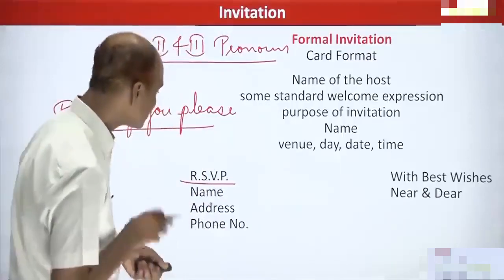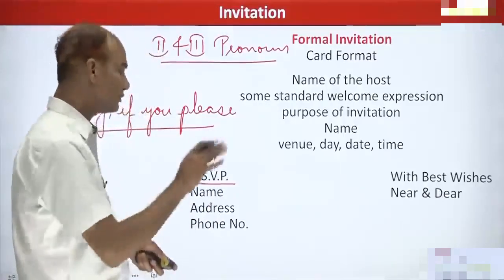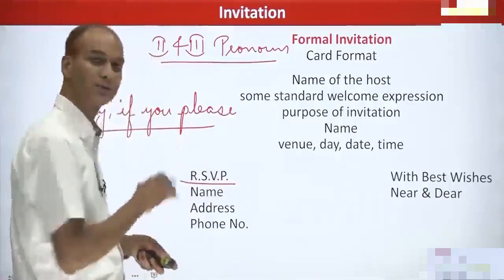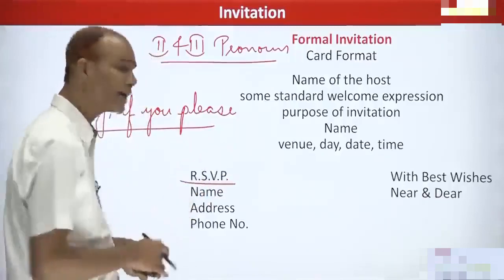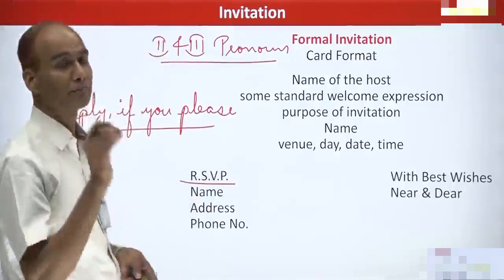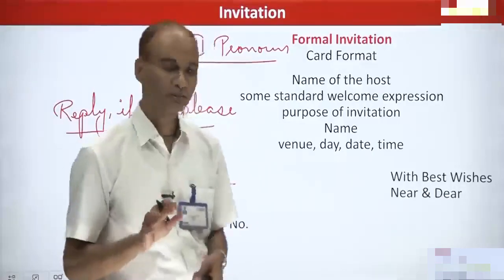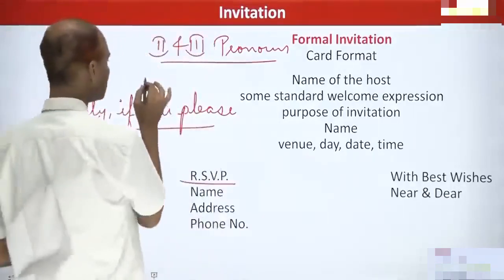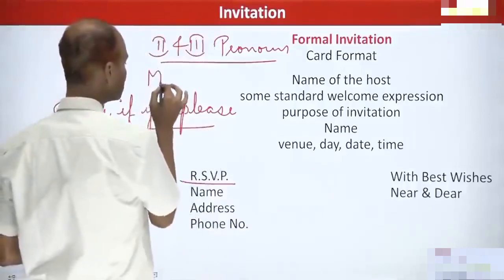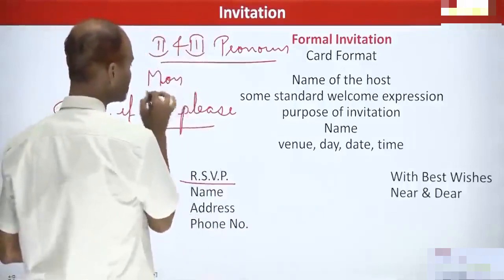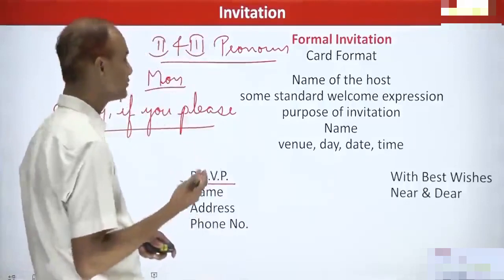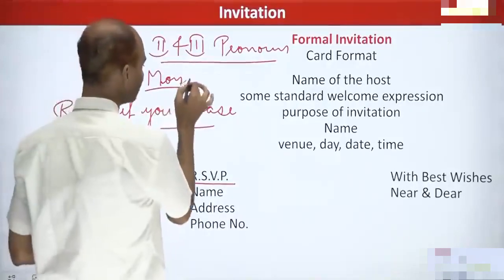Okay. Apart from this, no abbreviations. Of course, we use an abbreviation here. RSVP is an abbreviation, but apart from this, no other abbreviation. It means you won't use abbreviation for day or month. It cannot be like this for Monday or Sat for Saturday. That is wrong. It should be full.